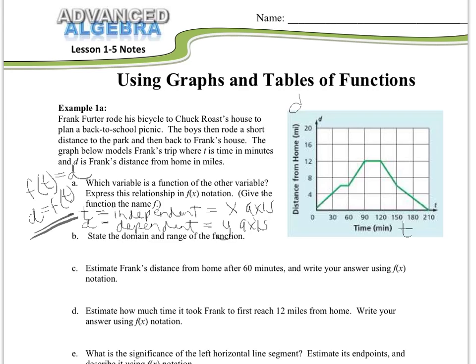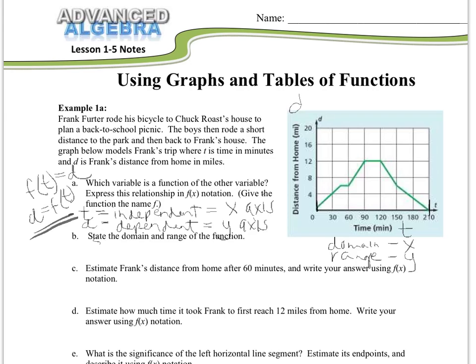In B, state the domain and range of the function. Domain is the x-axis, so the values on the graph that are part of the x-axis, and the range is the y-axis. So what part of the graph includes what y values? For the domain, the t values start at 0 on the graph and end at 210 on the t-axis.